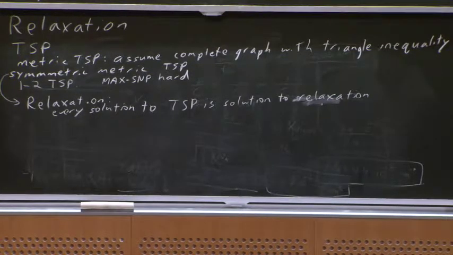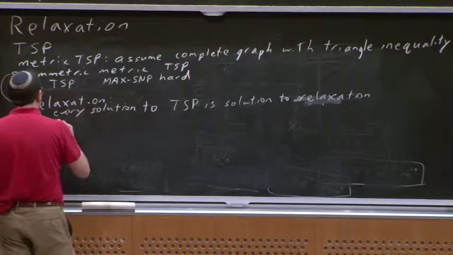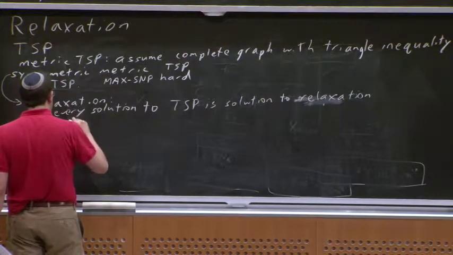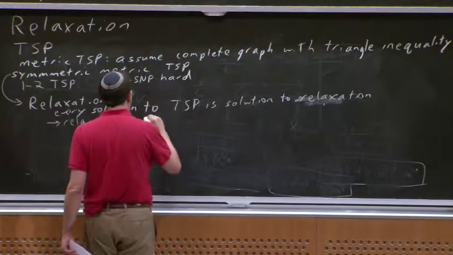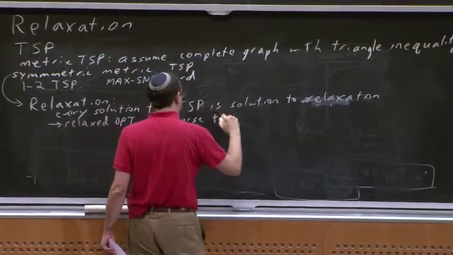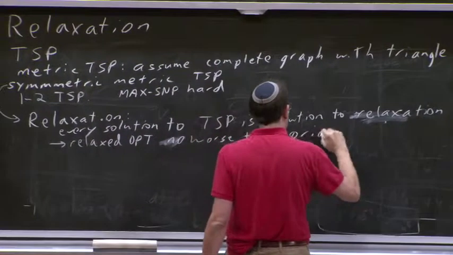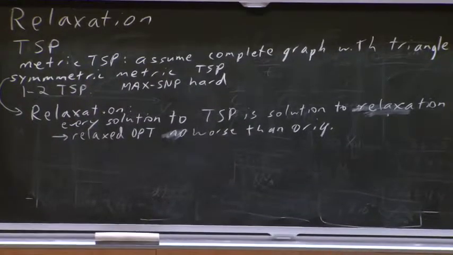We're allowing everything that was feasible before to still be feasible. And the important thing about that is that it guarantees that the relaxed optimum is as good or no worse than the original optimum, right? Because we're allowed to use the original optimum.